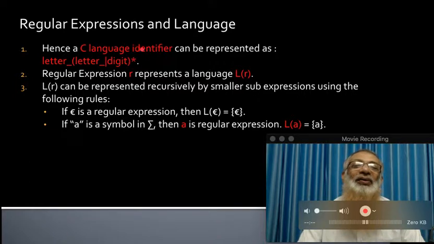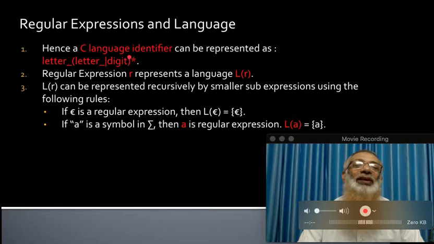An identifier, as per the C specification, the first character should be a letter. Then there can be letters or digits.